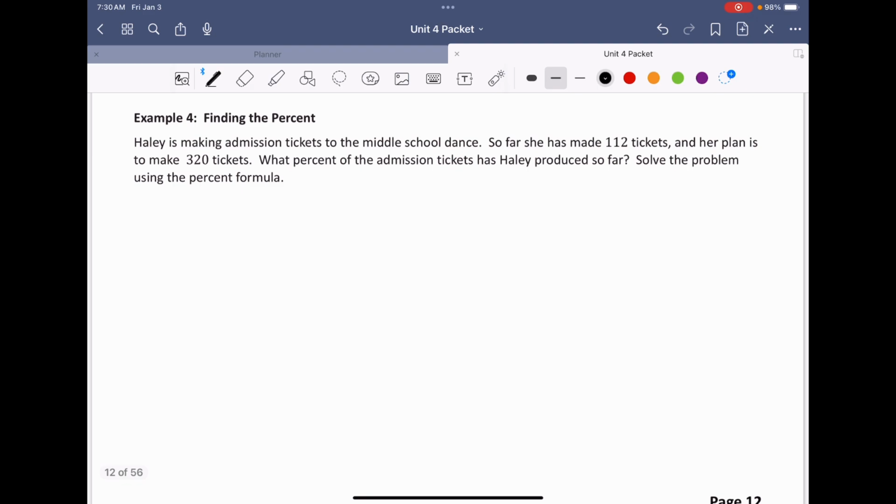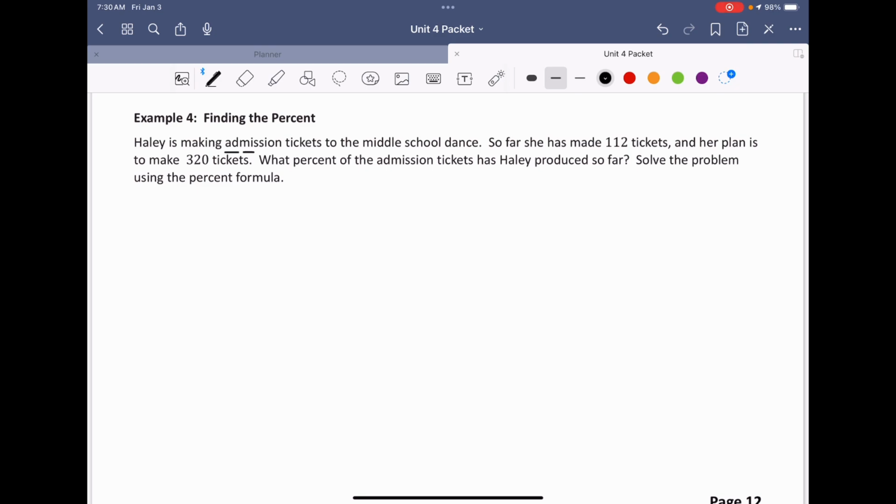It says Haley is making admission tickets to the middle school dance. So far, she has made 112 tickets, and her plan is to make 320 tickets. What percent of the admission tickets has Haley produced so far? Solve the problem using the percent formula. So right now we know she has made 112 tickets, but her total is 320 tickets.